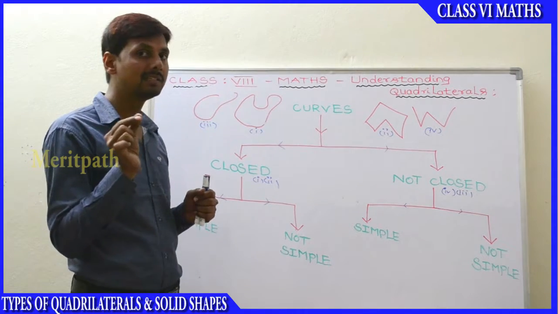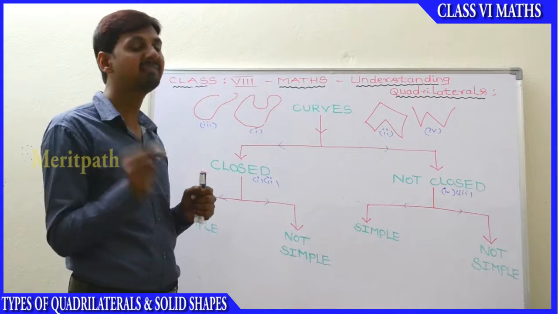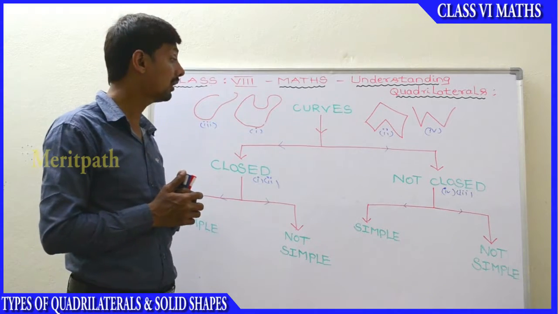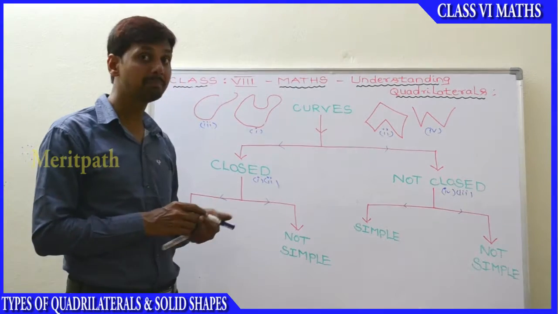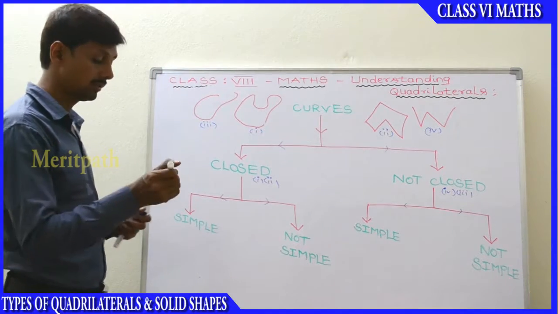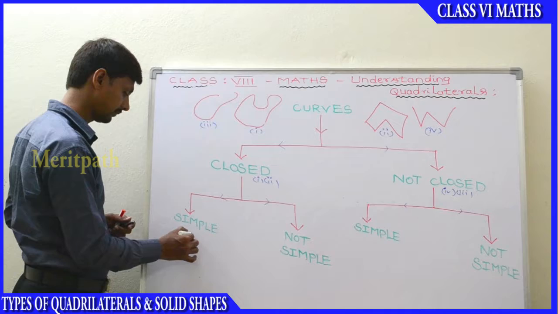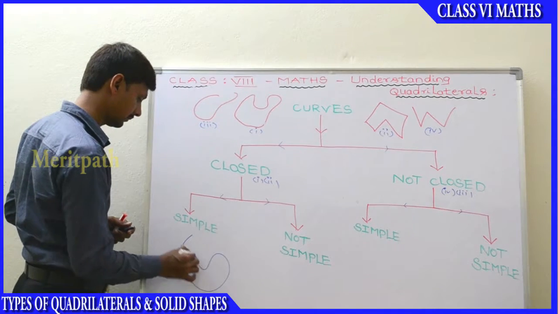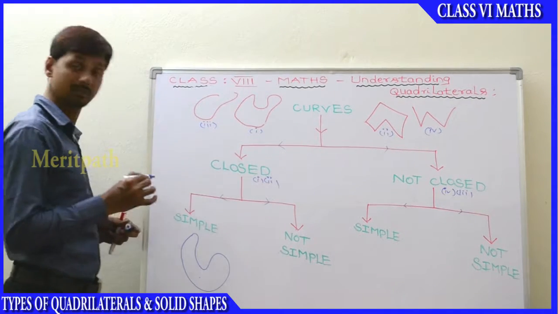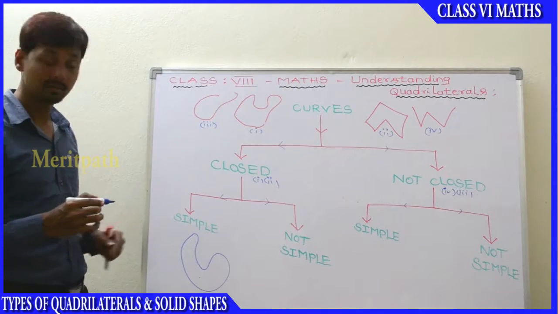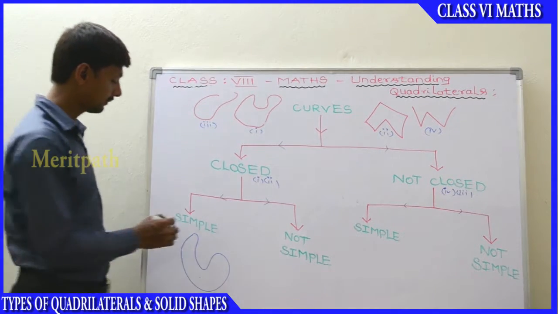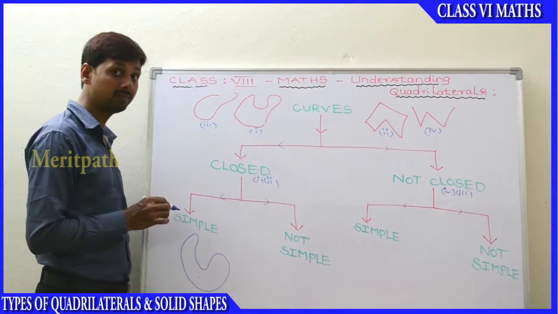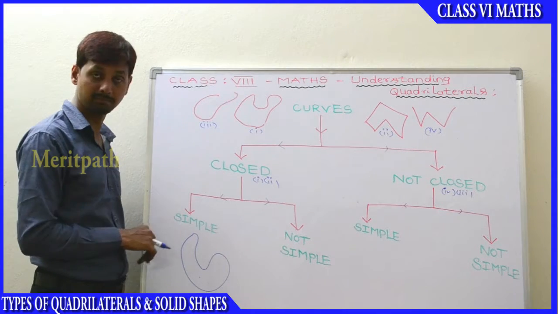If we intersect the line which we have drawn previously, then that is called not simple. For example, for simple and not simple, this is a simple curve. The reason is the line is not intersecting itself, so that's the reason it is simple.